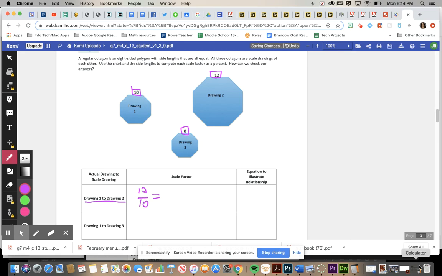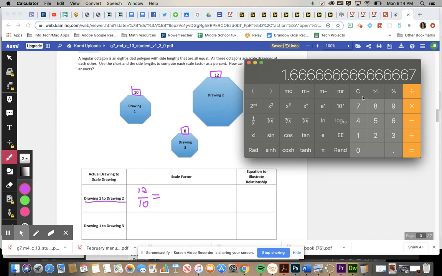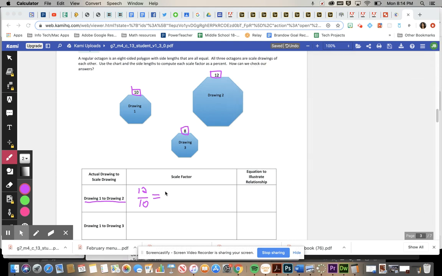So 12 divided by 10 is 1.2, which equals, as a percent, if I move it over 2 places, 120%. And that makes sense because it is getting bigger, so it is an enlargement.